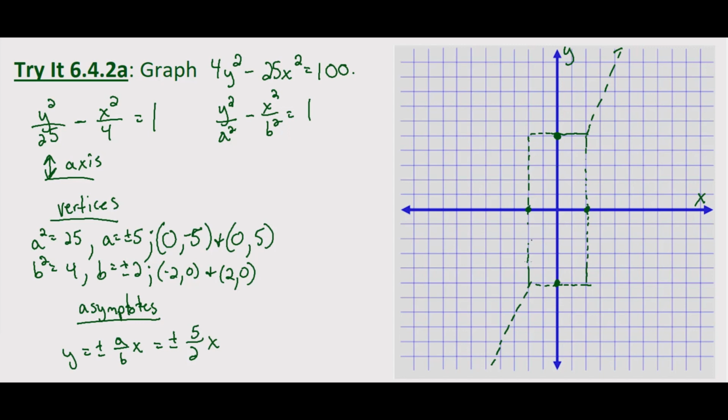That's going to give us where the hyperbola approaches infinitely in the direction of the asymptote.